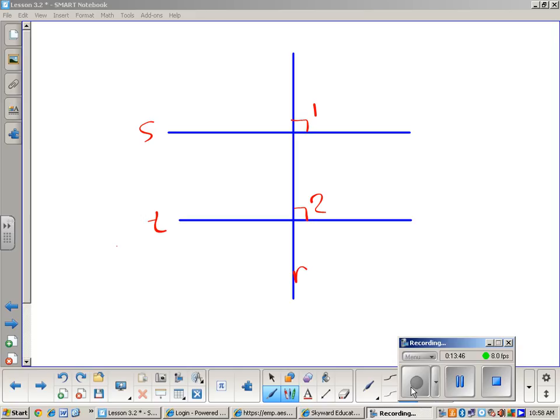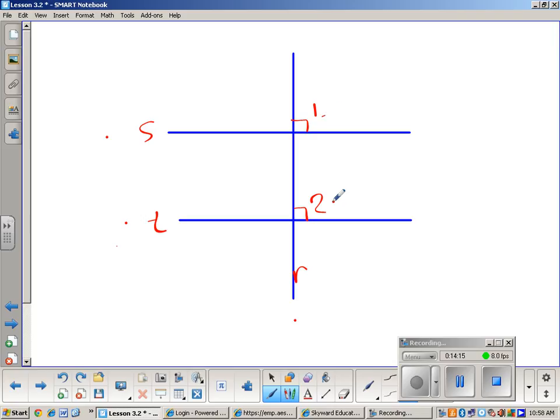Here's our diagram. I've got line S, line T, and line R. None of those lines are parallel; we don't have anything that says they're parallel. The only markings are that at the intersection of line S and line R, angle 1 is perpendicular, and at the intersection of line T and line R, angle 2 is perpendicular.